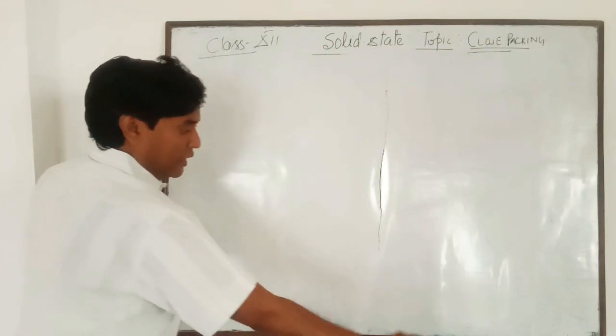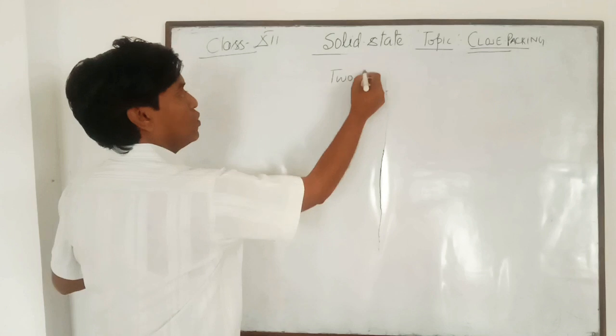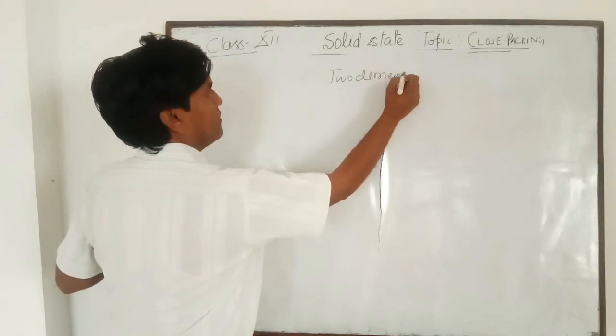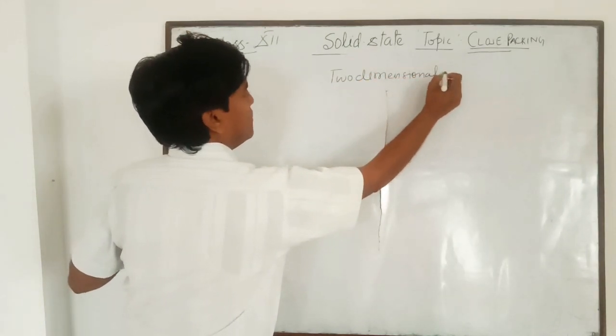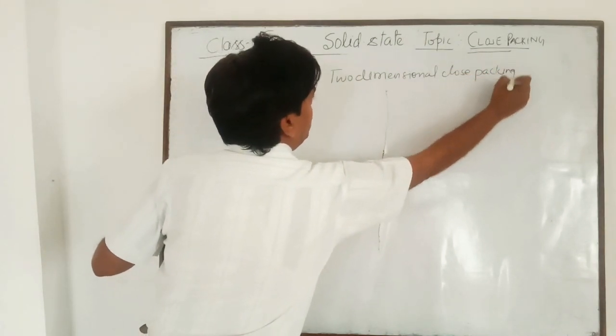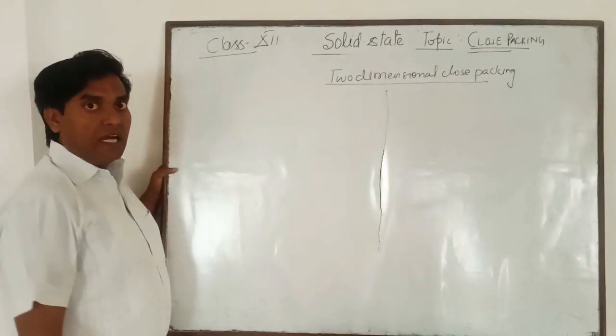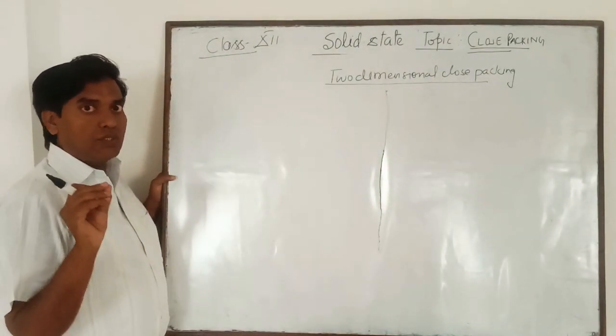Now, this is an important point regarding two-dimensional closed packing. But in two-dimensional closed packing, arrangement takes place in two modes.